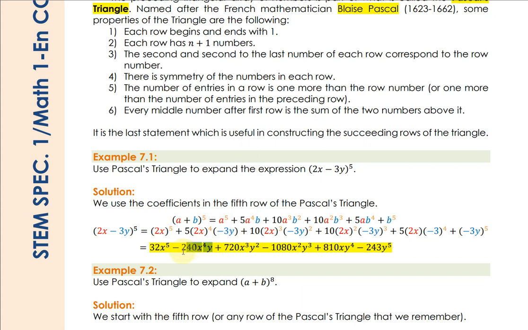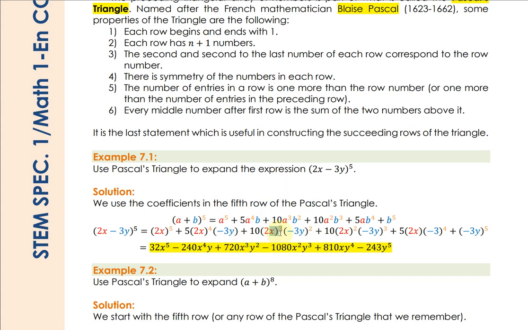That's why we have negative 240 x to the power of 4 y as our second term. For our third term, that is 2 to the power of 3, which is equal to 8 times 10, that is 80, times negative 3 squared, which is equal to positive 9. Okay, so 80 times positive 9 is equal to 720.